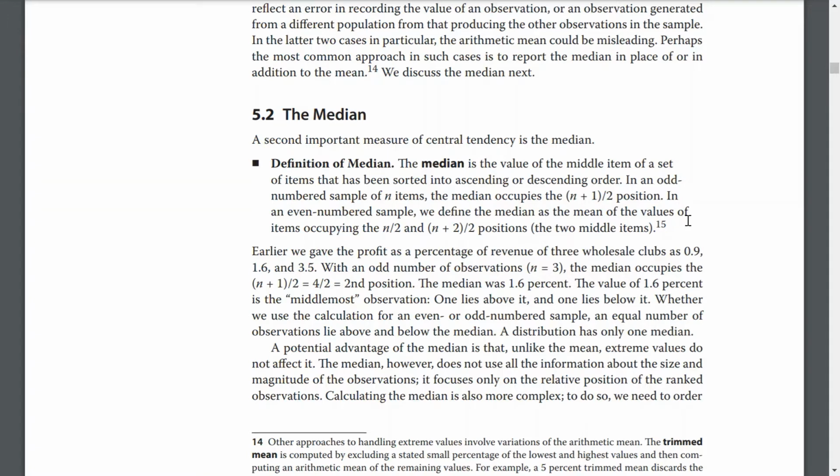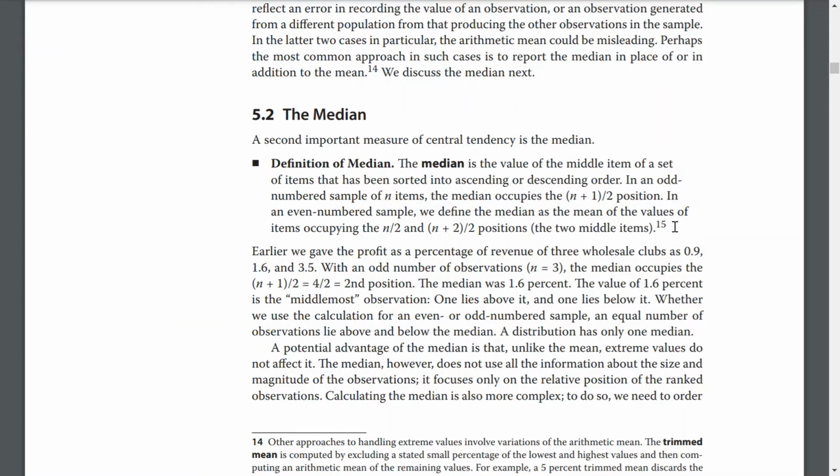In an even-numbered sample, we define the median as the mean of the values of the items occupying the n divided by 2 and (n plus 2) divided by 2 positions, the two middle terms.